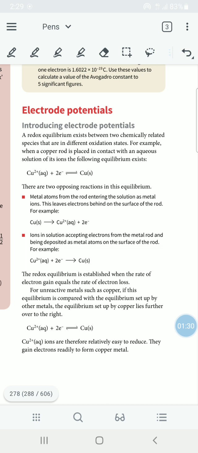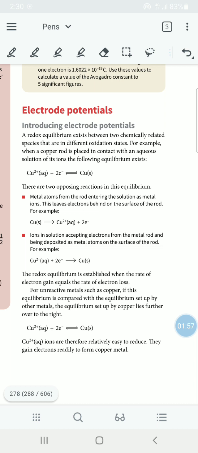So the redox equilibrium is reached when the rate of electron gain is equal to the rate of electron loss. But the equilibrium is not going to be exactly at the middle. Could be at the middle, but it is very likely to shift to the left or right, depending on the circumstances.